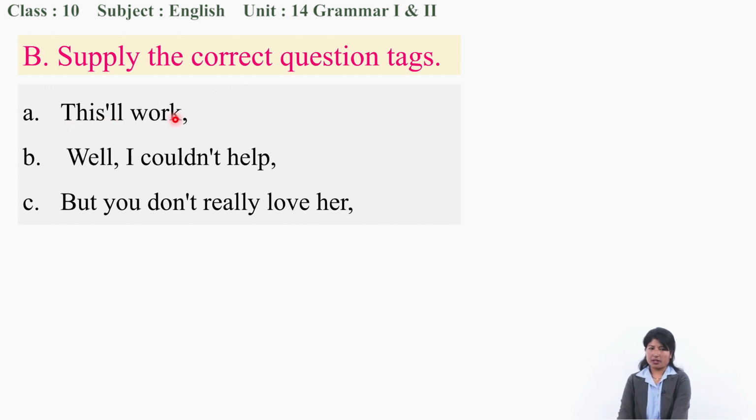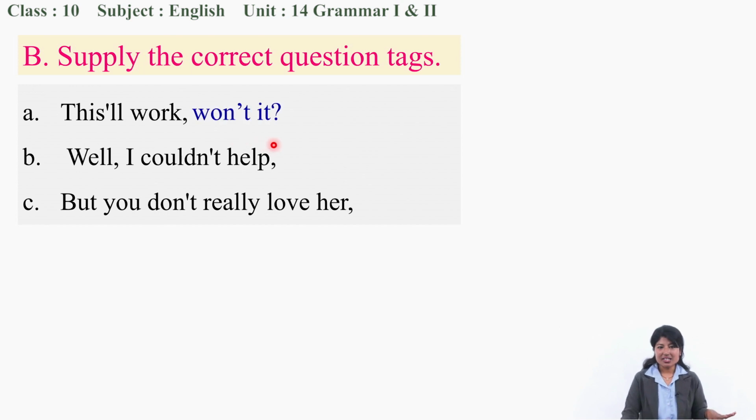This will work. So here apostrophe ll means, what is it? Will. Yes, will. So negative form of will is, of course, won't. Won't it. Okay, instead of will not, we use won't it.